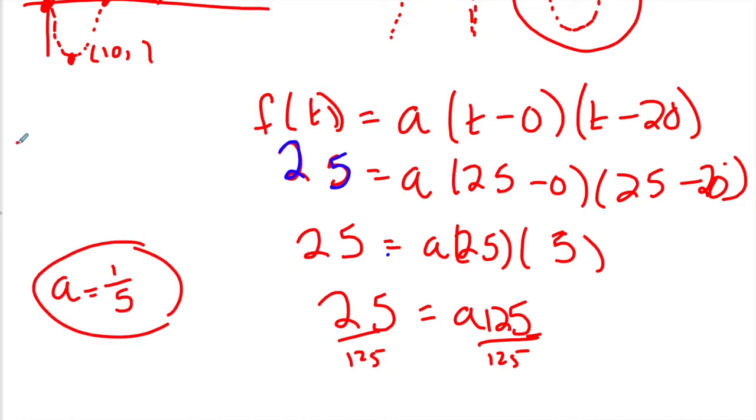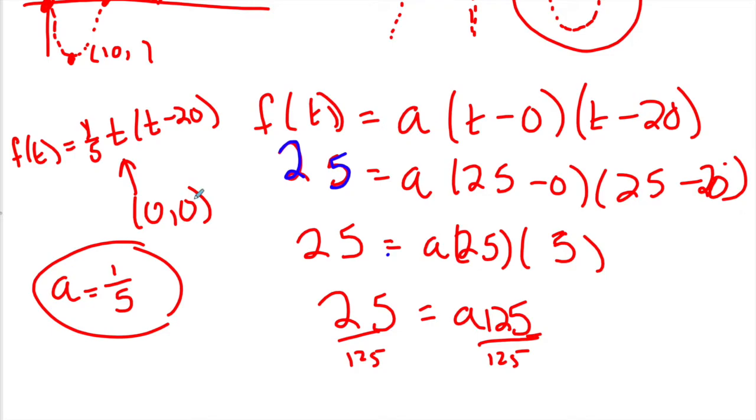So that means I have to have f of t equals 1/5 t minus 0, which is just t. So if you ever see just a letter hanging out like that, you know 0, 0 has got to be a point on the line. Because look, this literally means 1/5 times t times t minus 20.